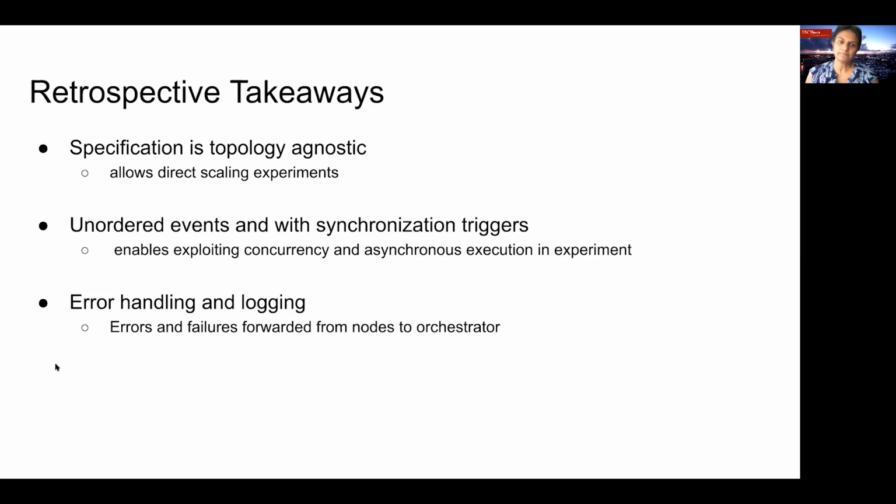Additionally, the event streams that enable unordered events and synchronization points enabled a large level of concurrency and asynchronous operation between the orchestrator and the daemons, and allowed experiments to execute rapidly at scale.